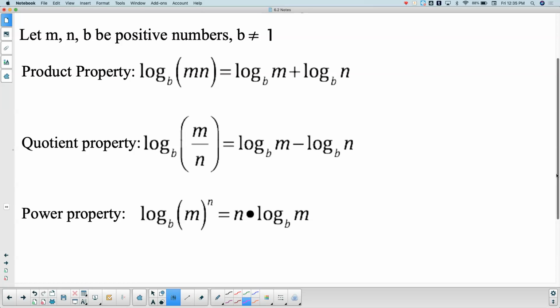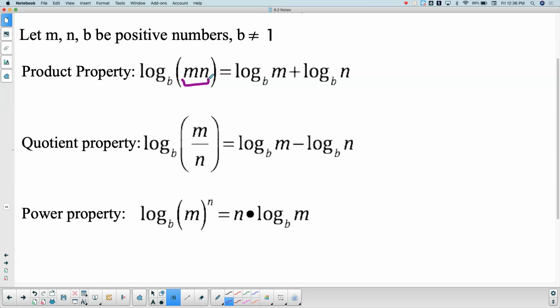The first one is the product property. The product property says that if I am multiplying something in the argument of my log, I can split that up using addition. So I can make it become log base b of m plus log base b of n.